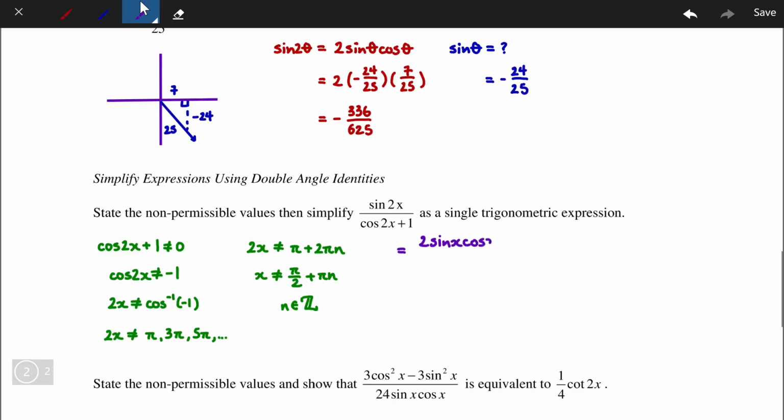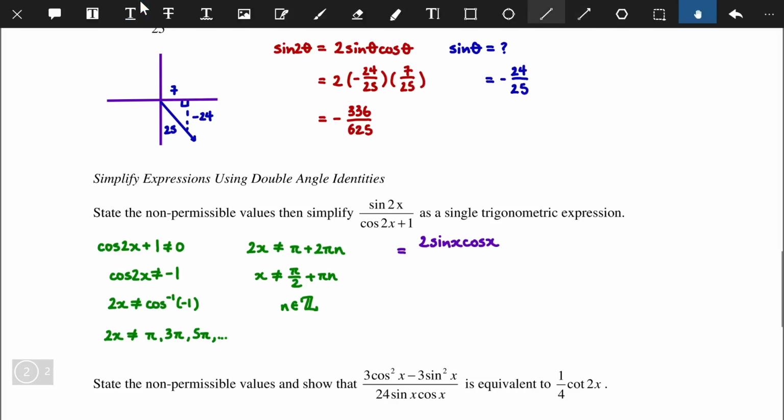And then in the denominator, it says cosine 2x plus 1. And we know that the double angle identity for cosine has 3 different possibilities. And the one that we're going to choose is the one that has a negative 1 in it, because that will eliminate the plus 1 in the expression.